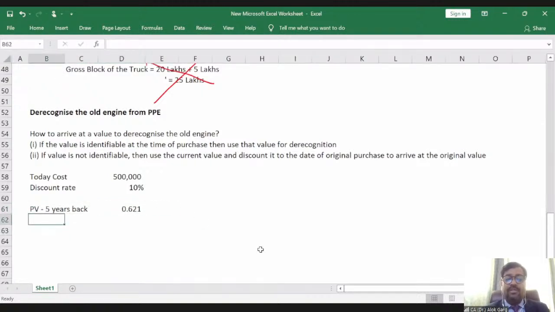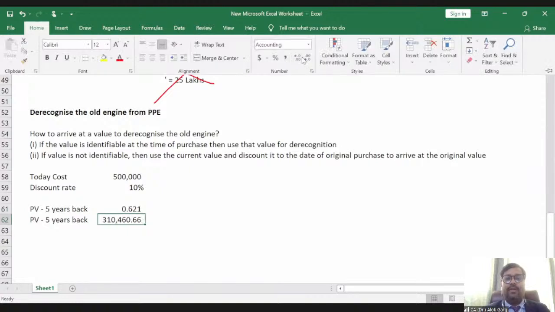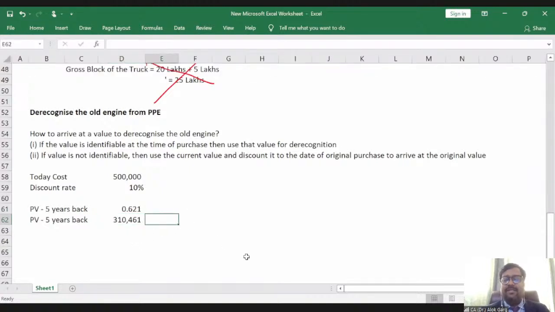So what is my present value? My present value 5 years back is 5 lakh multiplied by 0.621. So it was 3,10,640, right? 3,10,641. It means if I use this cost as a surrogate cost, if today I am incurring 5 lakh rupees, then the value of this 5 lakh was 3,10,641 five years ago.